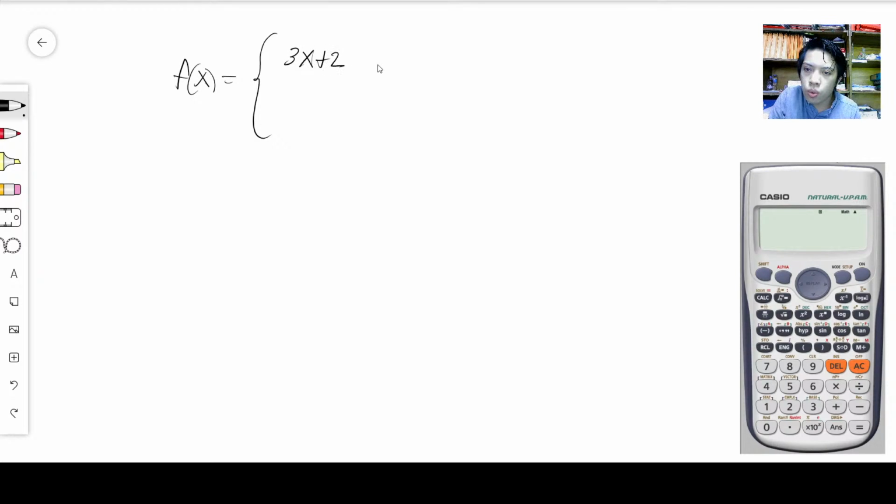That is when x is less than or equal to negative 2. And we also have 1 minus 2x. That is when x is greater than negative 2. So we have here a piecewise function.